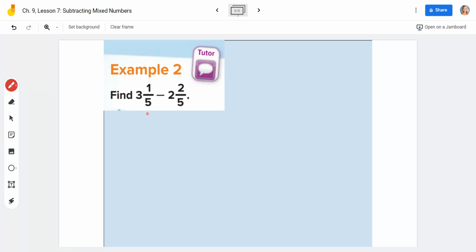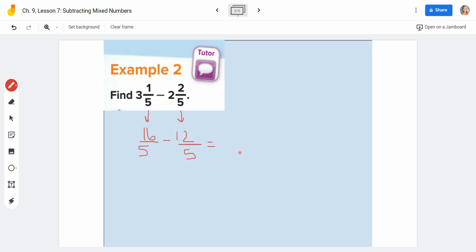So what I'm going to do is, whenever my smaller numerator is up front, I'm just going to turn both of these into my equivalent improper fractions. So 5 times 3 is 15. 15 plus 1 is 16. So I have 16/5 minus 5 times 2 is 10. 10 plus 2 is 12.